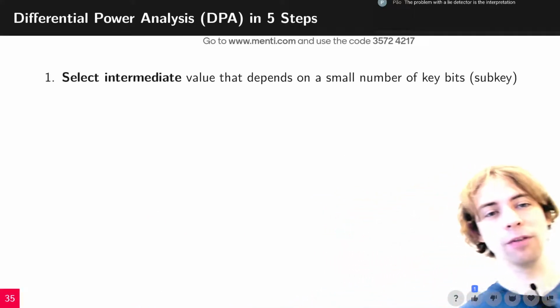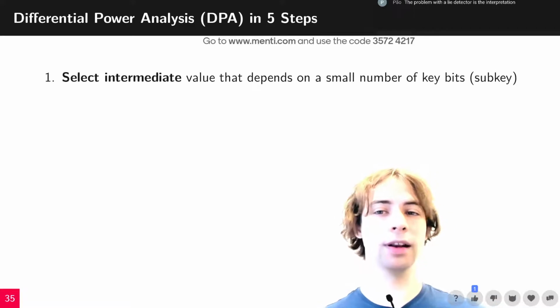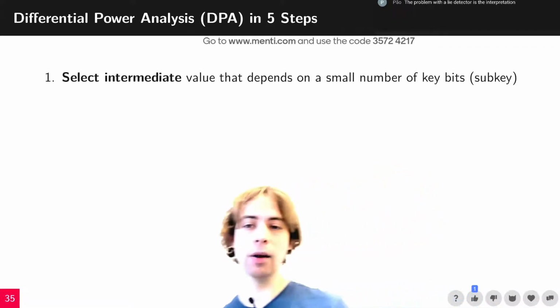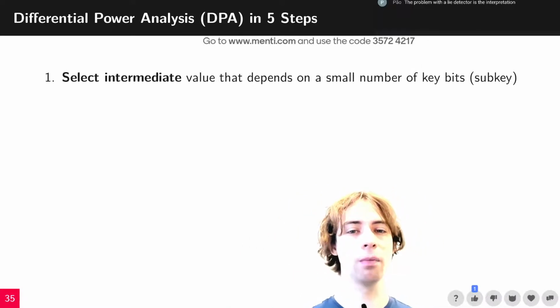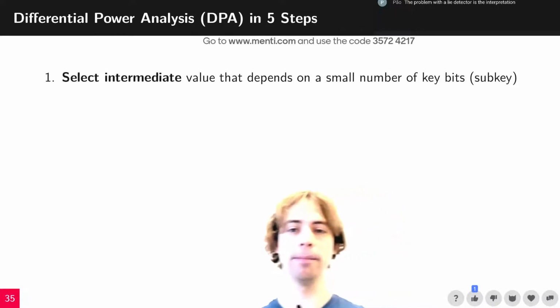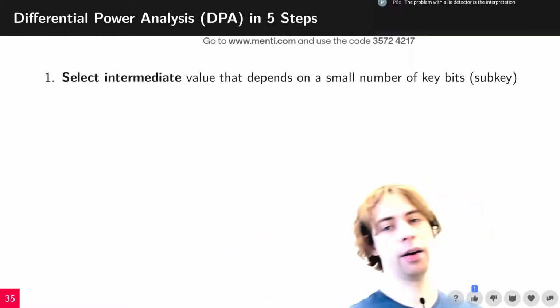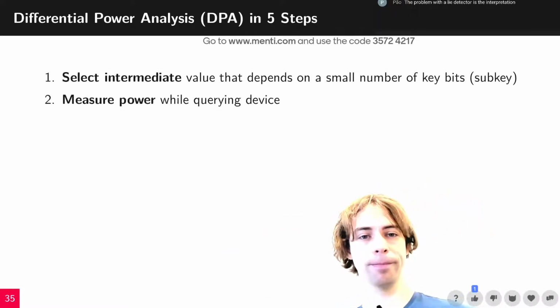And I just give you very briefly 5 steps of how a differential power analysis attack works. The first thing that we do is we select an intermediate value that depends on a small number of key bits, some subkey, maybe one of the bytes that are used somewhere in this encryption process.